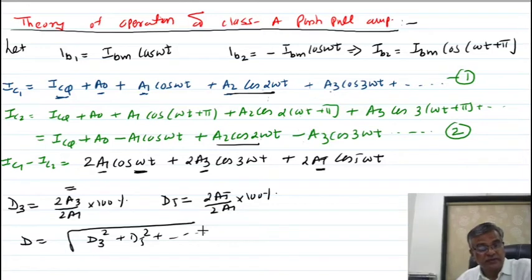So this mathematical step shows that even harmonic distortion is cancelled without increasing odd harmonic. Say odd harmonic is not increased. So in this way, in a push-pull amplifier, even harmonic distortion is cancelled without increasing odd harmonic. As a result, harmonic distortion is reduced in a push-pull amplifier.